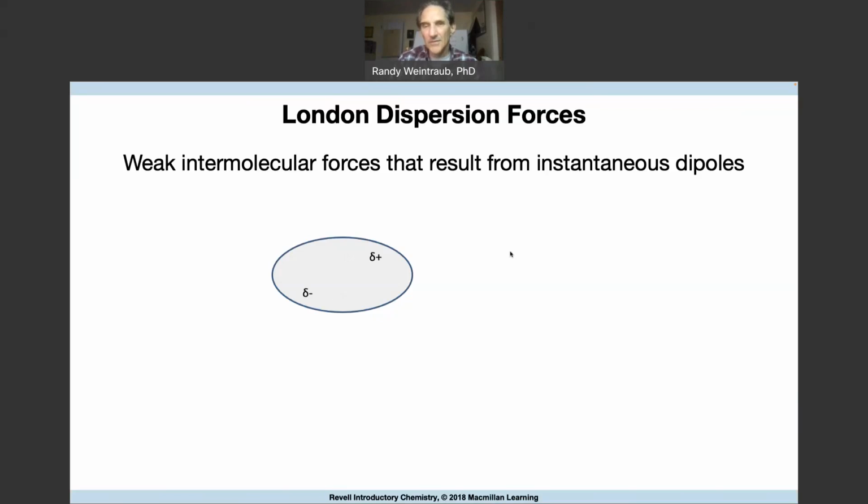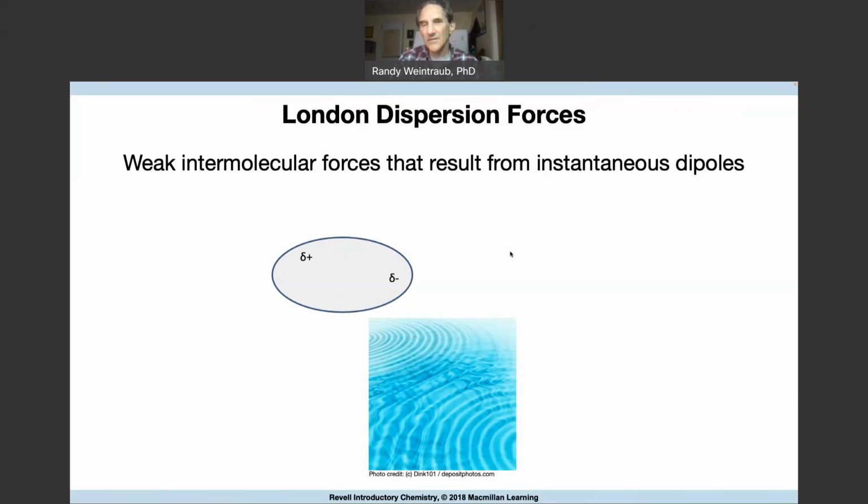And this motion produces slight fleeting areas of positive and negative charges, sometimes called instantaneous or temporary dipoles. These instantaneous dipoles are like ripples in a pool of water. On average, the surface of a pool is level.